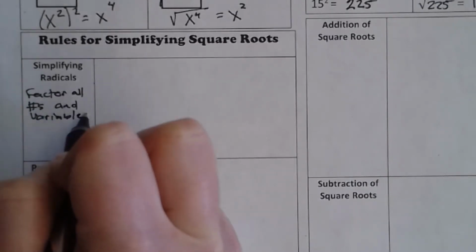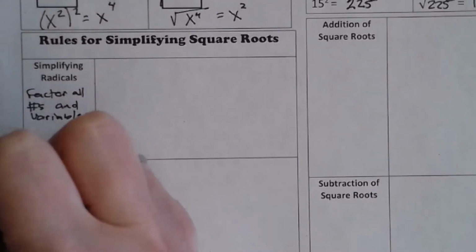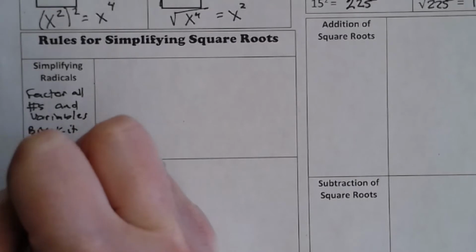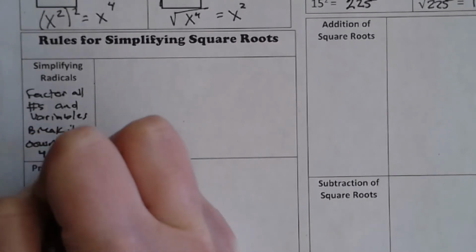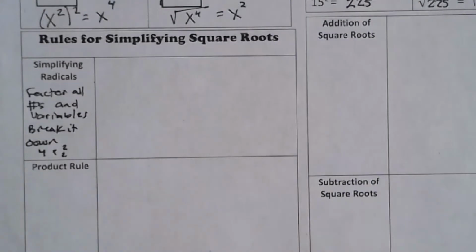Okay, when I say factor, I want you to break it down into its smallest numbers. So break it down. Like 4 gets broken down to 2 times 2. So you're breaking it down. That's our first rule for simplifying radicals, or simplifying square roots.